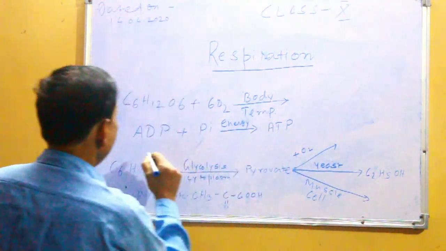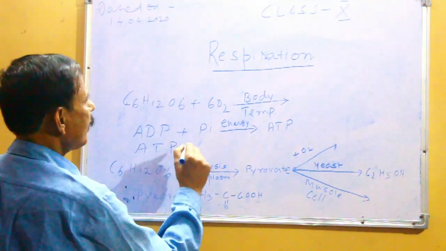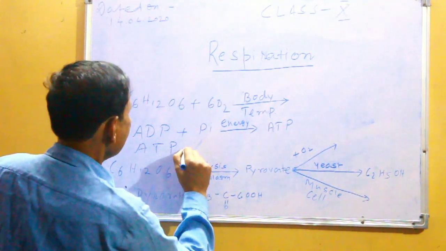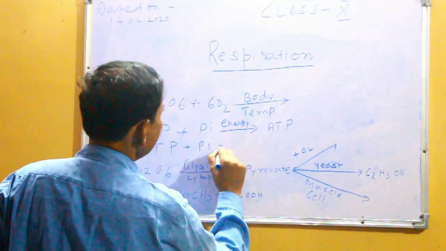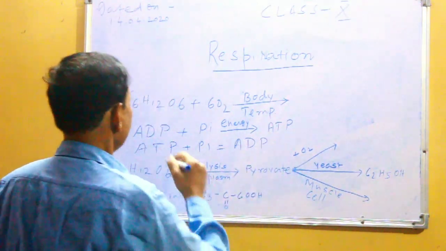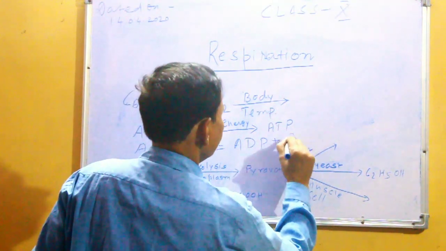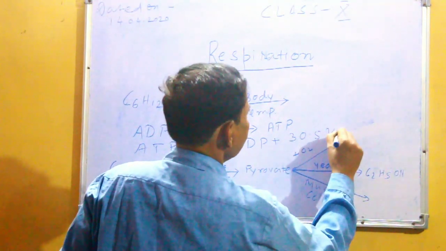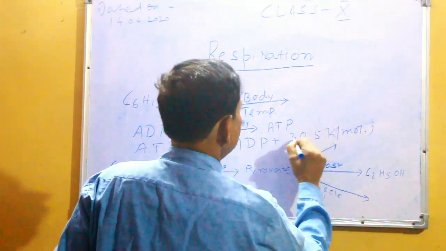Now ATP again changes into ADP plus Pi, releasing approximately 3.5 kilo mole of energy.